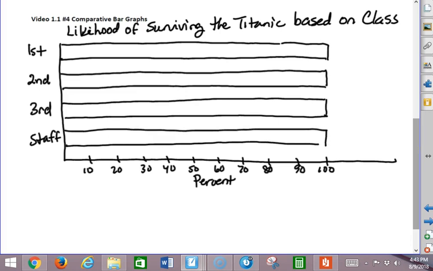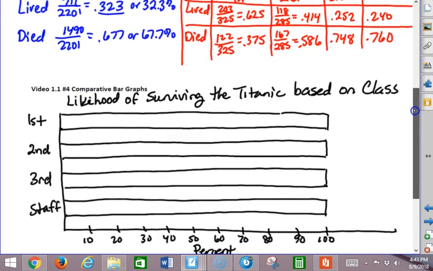Now we're going to divide them by lived and by died. We've got our percentages up here. I need to make a little key, or a legend, as it's sometimes called. I'm going to use hash marks to represent the percent who lived, and just leave it open for the percent who died. You can use two different colors, however you want to do it.